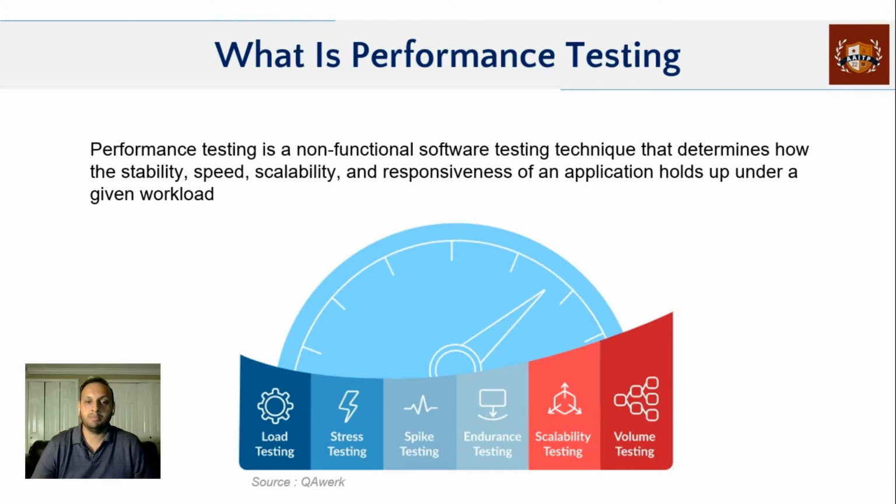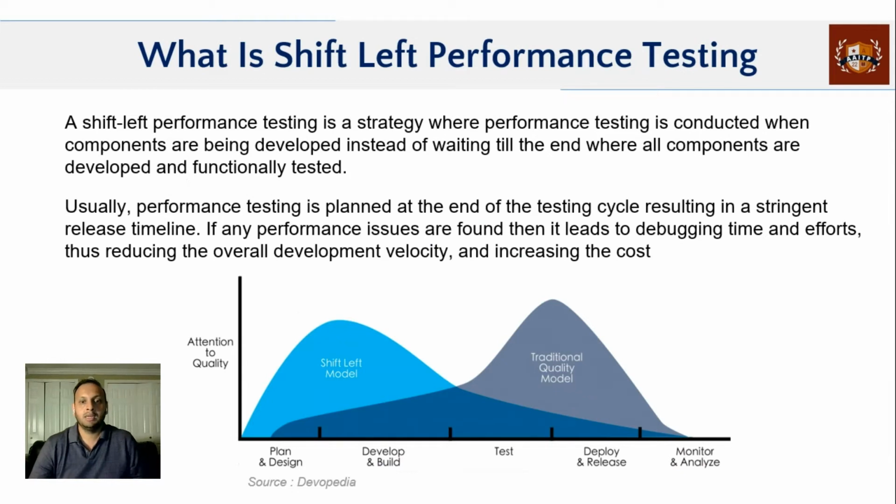So now that we know what performance testing is, let's talk about what shift left performance testing is. Traditionally, being in a performance testing team, you might have seen performance testing is almost at the end of the cycle. Development of a product needs to be completed, unit tested, integration tested, and functionally stable.